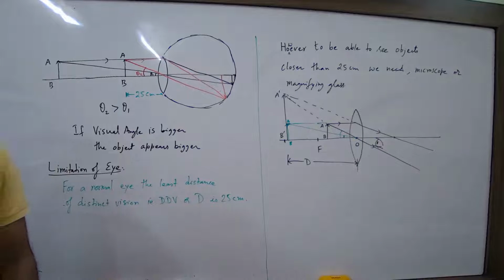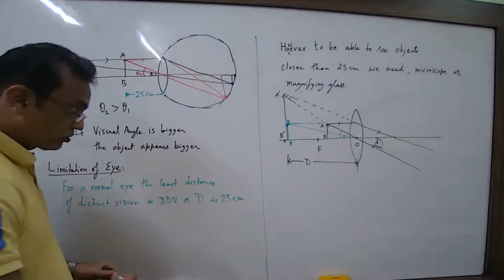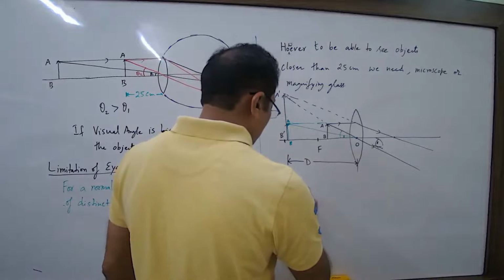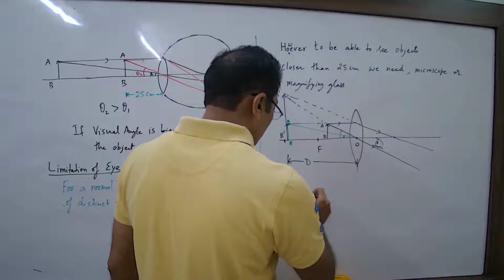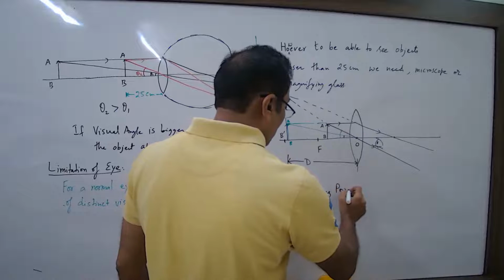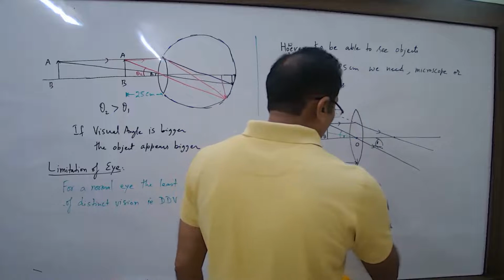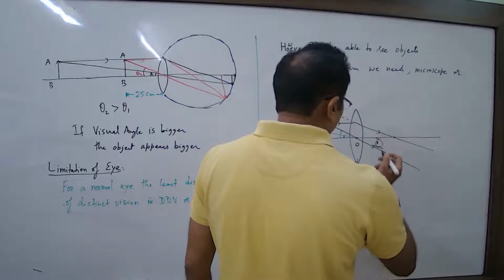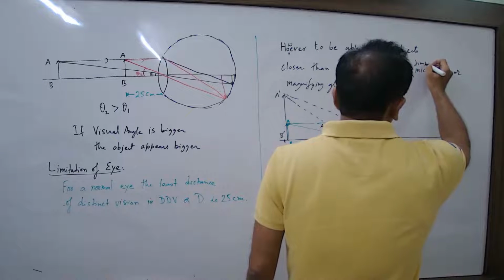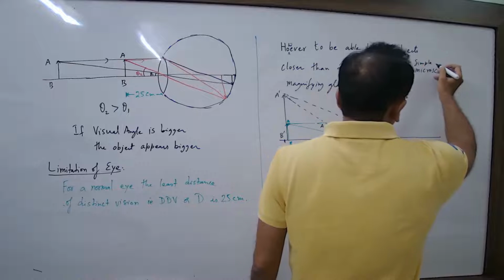Yeah. So now, what is the magnification of the microscope? So magnifying power is defined as, of microscope. This is not a microscope, it is a simple microscope. What is the other microscope?